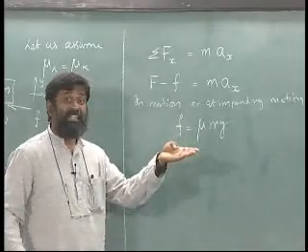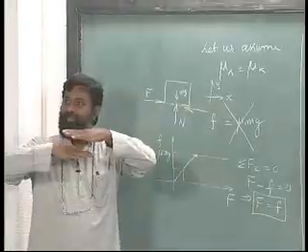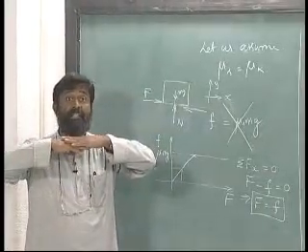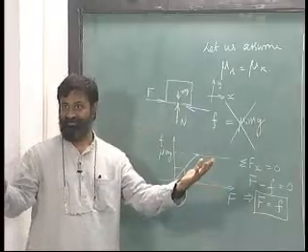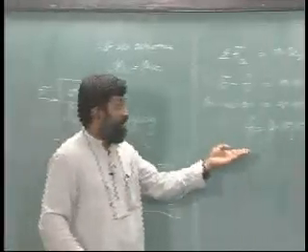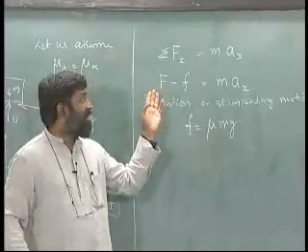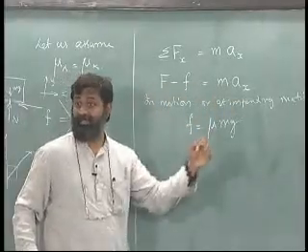What is this? This is the property of the surface, the two surfaces that interact with each other. This has nothing to do with equilibrium. Unless I am told f equals mu mg, it is indeterminate, right.